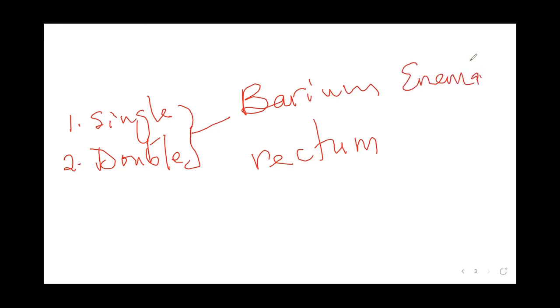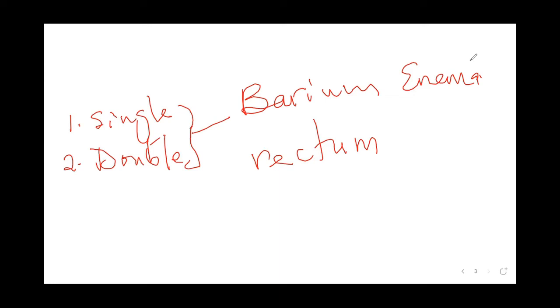Now, what is the difference between single contrast and double contrast barium enema? By the way, if you do a barium enema, you are looking for features of filling defect, narrowing, shouldering effect, okay, apple core deformities in the large bowel.